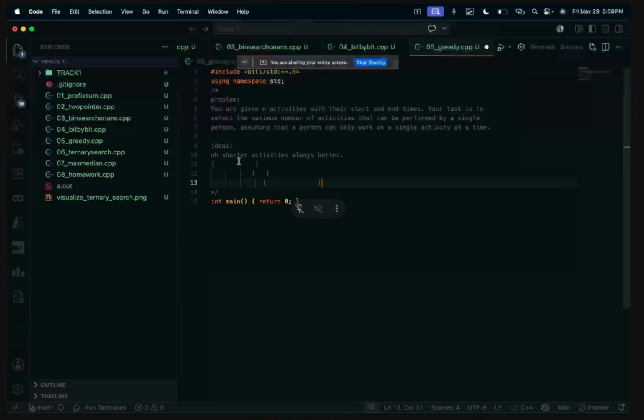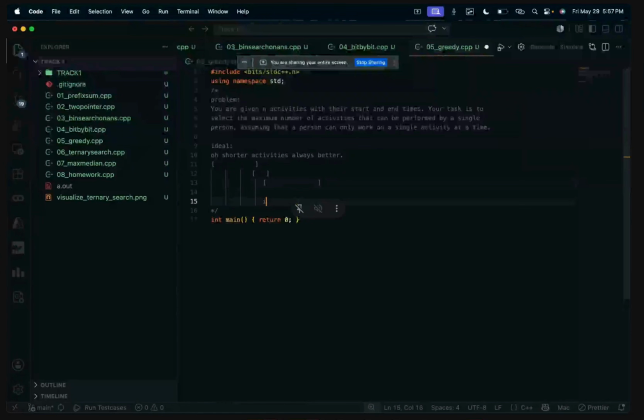If you say that shorter activities are always better, you would only pick activity 2 and not do either of 1 and 3, because 1 overlaps with 2 and 3 also overlaps with 2. In theory, you could have done activity 1 and then activity 3. But since you thought the shorter activity is always better, you ended up with a suboptimal answer.